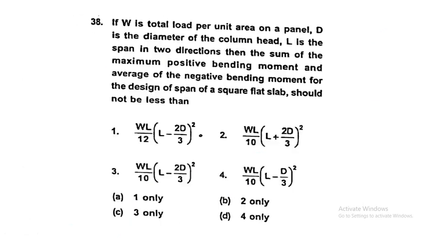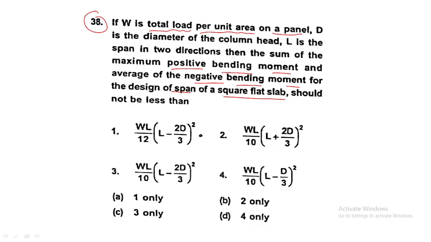Next question. Question number 38. If W is the total load per unit area on a panel, D is the diameter of the column head, L is the span in two directions, then the sum of the maximum positive bending moment and average of the negative bending moment for design of a span of a square flat slab should not be less than, right?